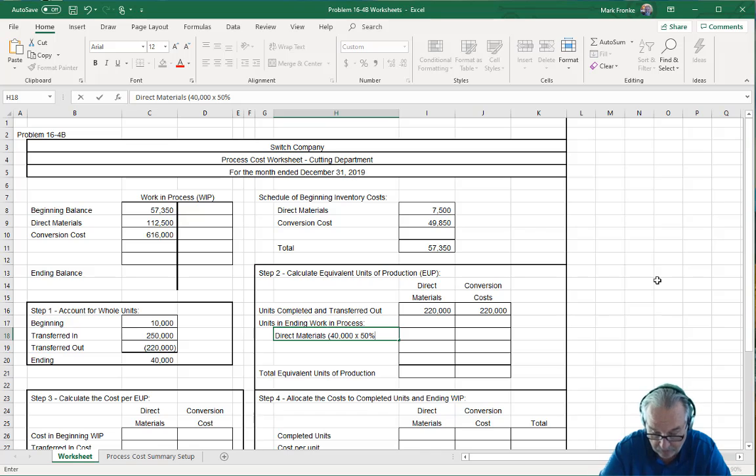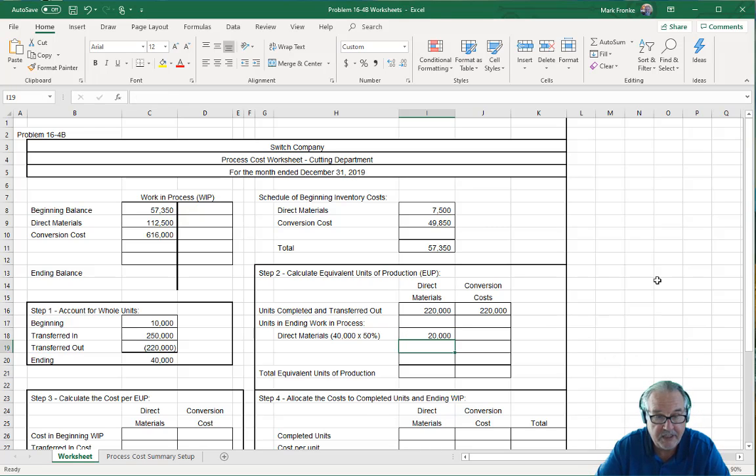I'm going to show the formula, and then calculate it here, which is 40,000 times 0.5 or 50%. So those 40,000 units were 50% complete with regard to materials. In other words, in the following month, we're going to add another 50% to these to finish them up.